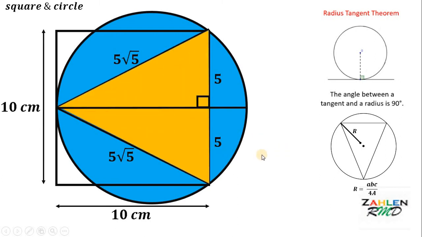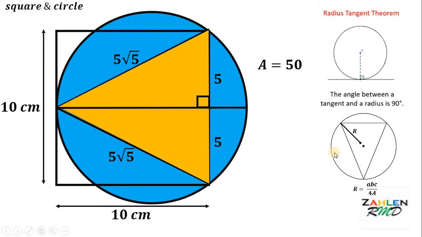And that's very easy because the area of this triangle must be equal to 1/2 times base times height. We know its base is 10, and we know its height is also 10. Therefore, the area of this triangle must be equal to 1/2 times 10 times 10. Now, 10 times 10 will give us 100, and 1/2 times 100 will give us 50. Therefore, the area of this triangle inside the circle must be equal to 50 square centimeters.